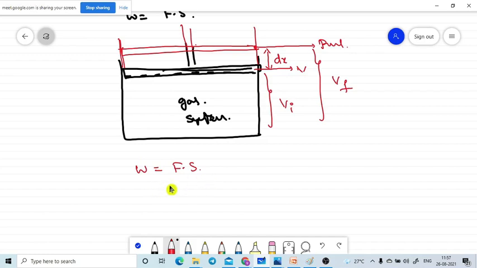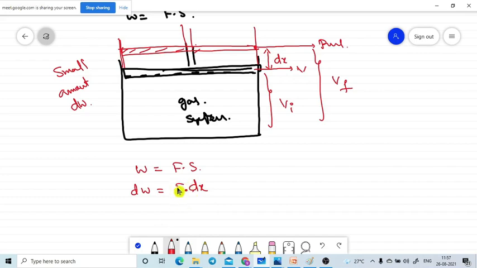Now let's assume this work is a small amount of work, dW. The small amount of work dW is equal to the force applied on the movable piston times the displacement of the movable piston, dx. But we don't know the F value.